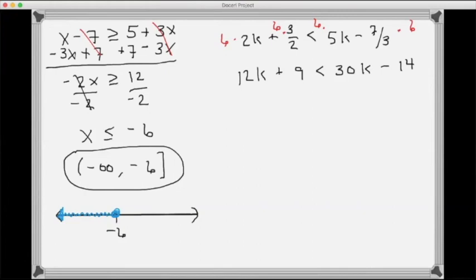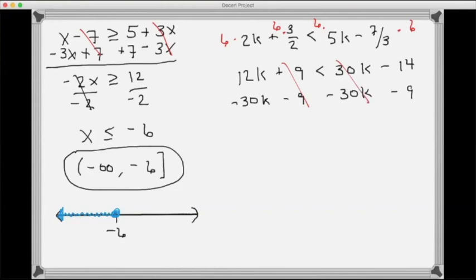And now we're going to go through and solve this. So let's go ahead and subtract 9 on both sides. We'll go ahead and subtract 30k on both sides as well. We see that our 9's cancel out, our 30k's cancel out.